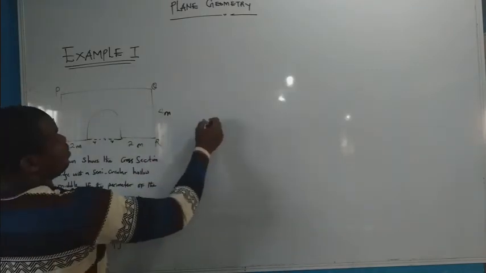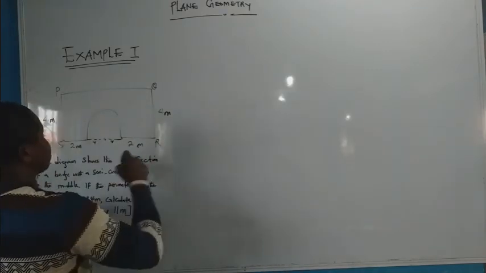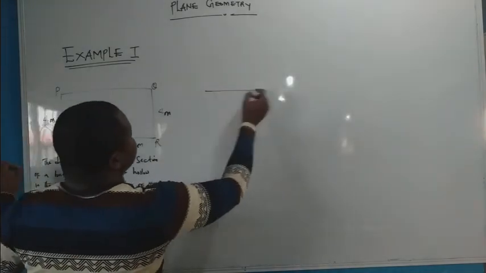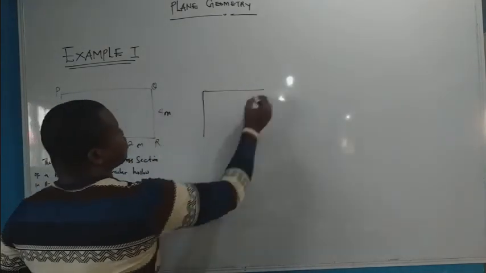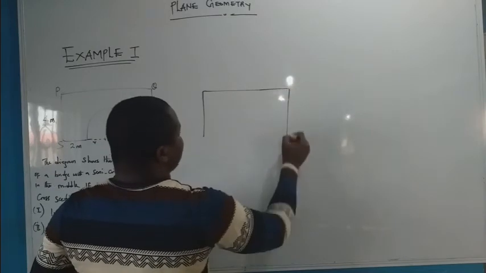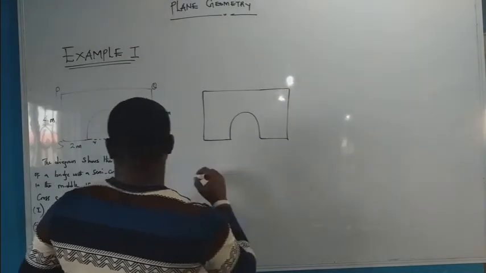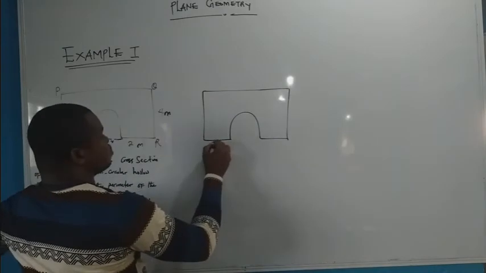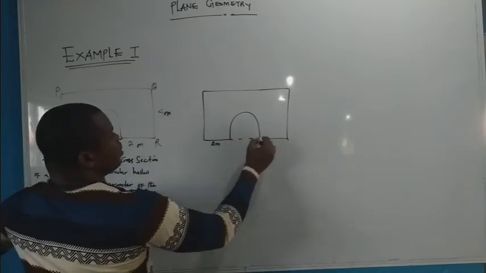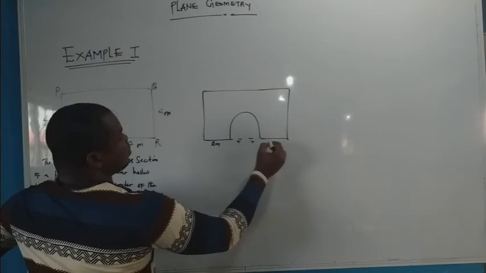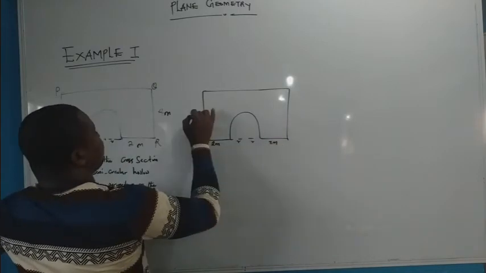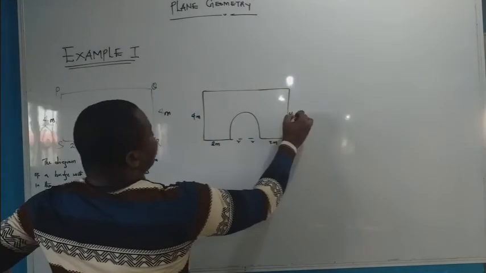So we're going to have this like this. Here we have a radius, 2 meters, and here we have 4 meters, and here we have 4 meters.